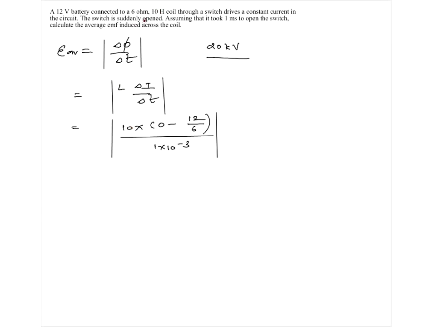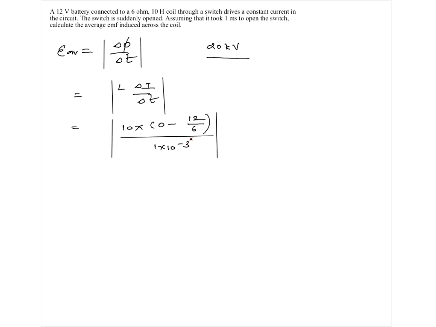Suddenly opened, so final current has to be 0. Final means after 1 millisecond. And in the beginning, it was a steady state current of 12 by 6, 2 amps. So final is 0, initial is 2 amps, delta I is 2. All this happened in 1 millisecond. Divide by that.